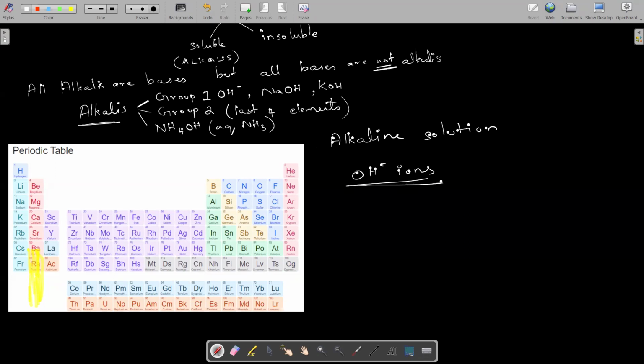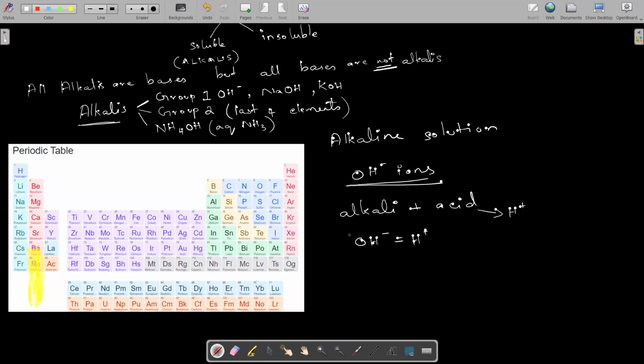And if an alkali is added to an acid, what do you think would happen? All these hydroxide ions will react. So what does an acid have? Acid has hydrogen ions, right? So all the hydroxide ions in an alkali will react with the hydrogen ions in an acid.